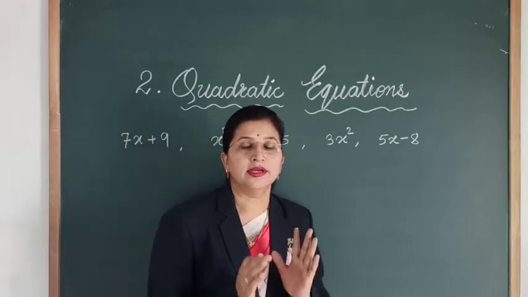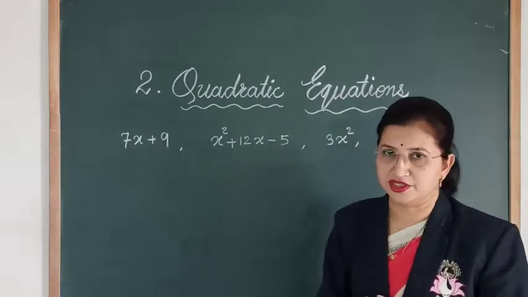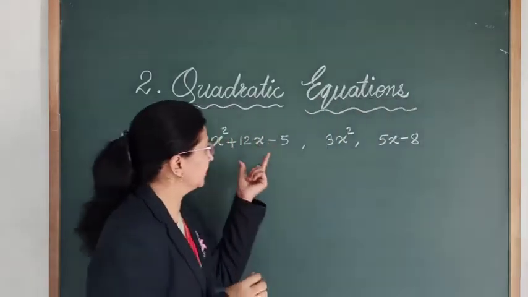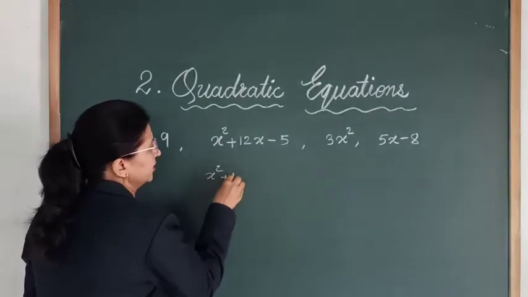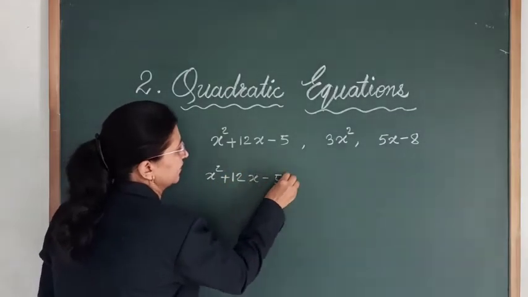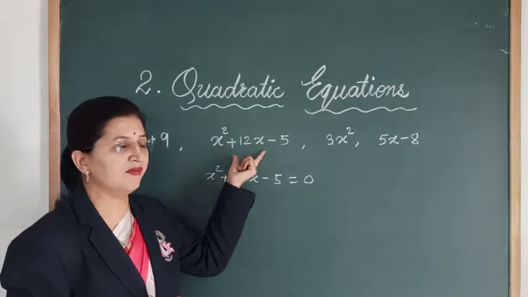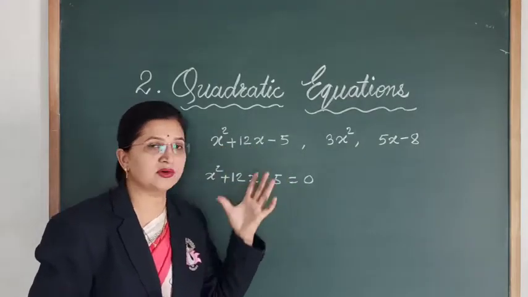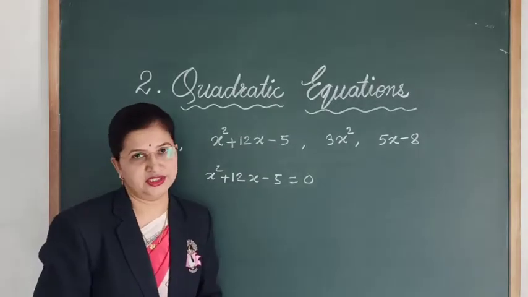Okay? Now, dear students, we are going to study the quadratic equations. Now let's take this polynomial, x square plus 12x minus 5 is equal to 0. Okay. Now when we say this polynomial is equal to 0, then it is called the quadratic equation.